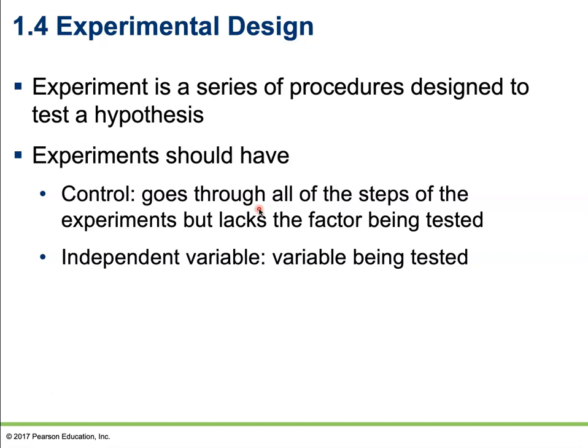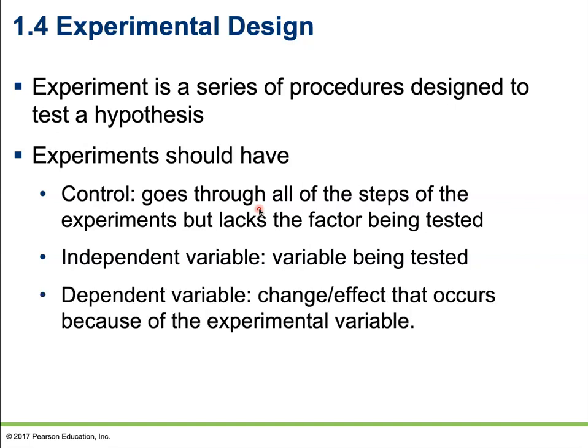The independent variable is also known as the experimental variable. This is the variable that we are testing for. So in this example, this is going to be our peanut butter, our independent variable. So our control would be our water, our independent variable will be peanut butter, and our dependent variable, also known as the responding variable, is going to be the change or the effect that occurs because of the experimental variable.